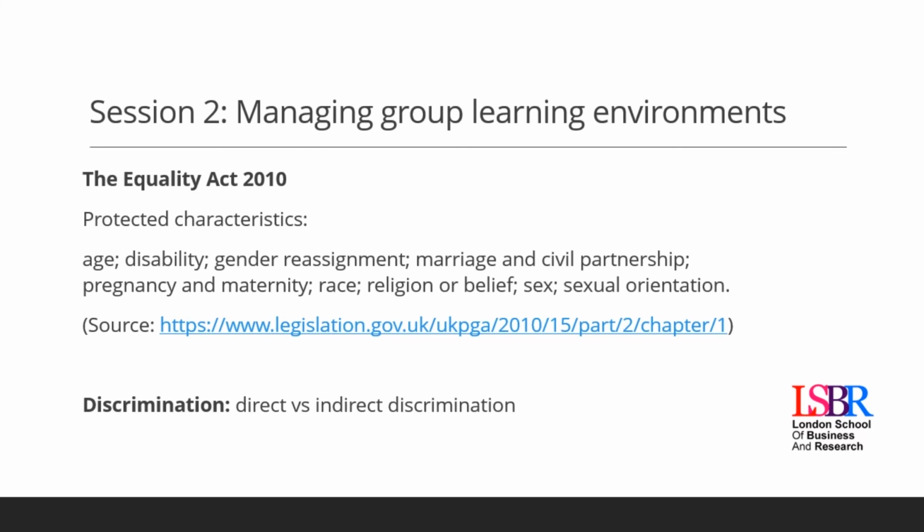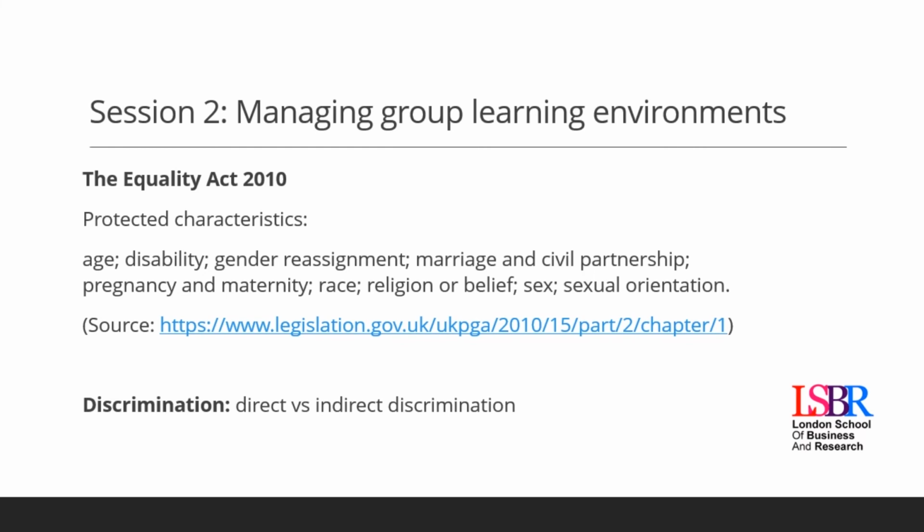So these are personal characteristics that are protected under the Equality Act. So let's have a look at what some of them are. We've got age, disability, gender reassignment, marriage and civil partnership, pregnancy and maternity, race, religion or belief, sex, and sexual orientation.